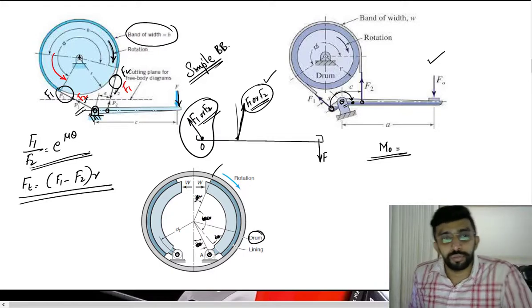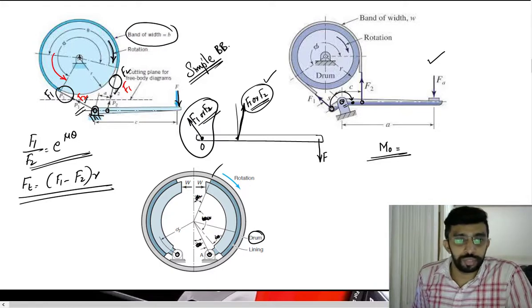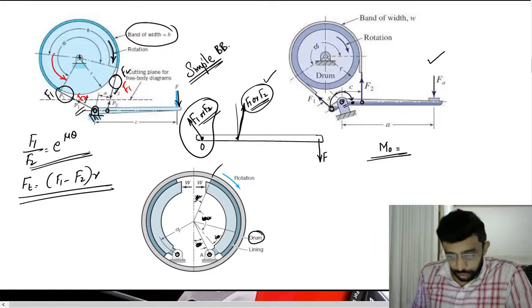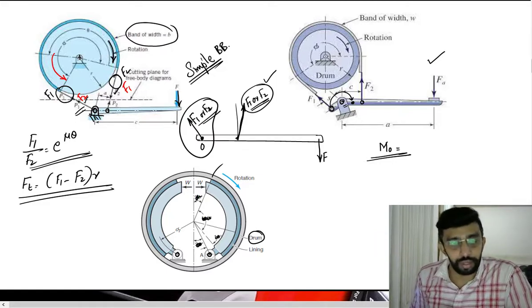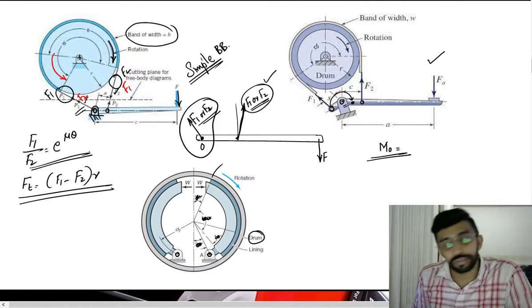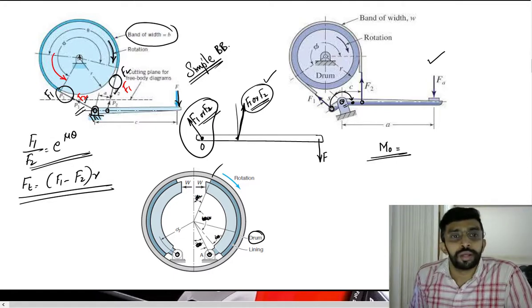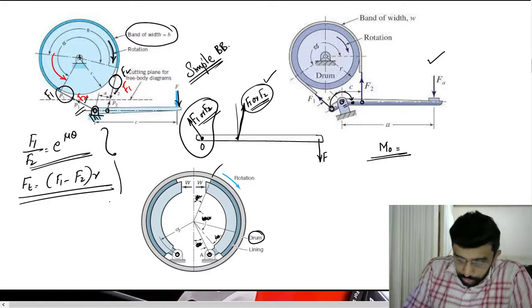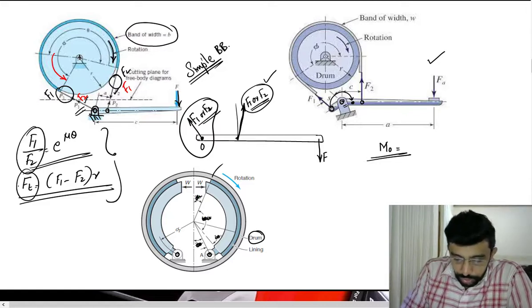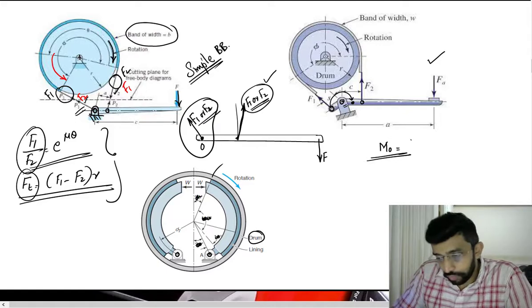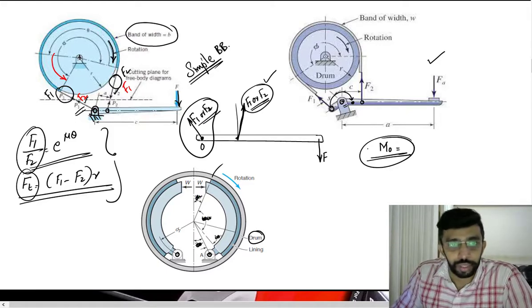This is the tangential force that is going to develop in the system. And we also have the torque equation, so we can also find the tangential force. No issue. So using these two equations, we are going to find the value of F1 and F2, and after that we are going to solve the moment equation to design the brake lever.